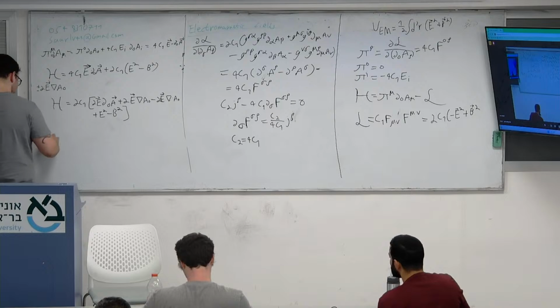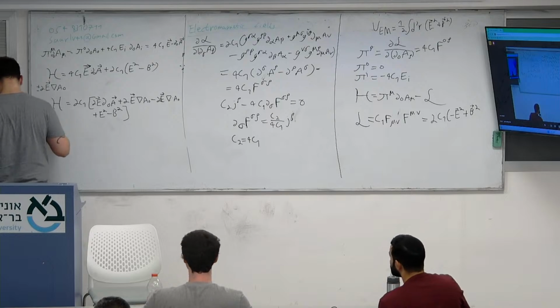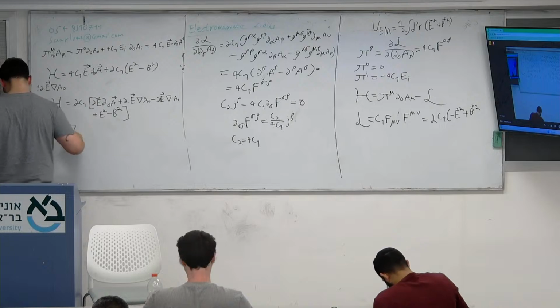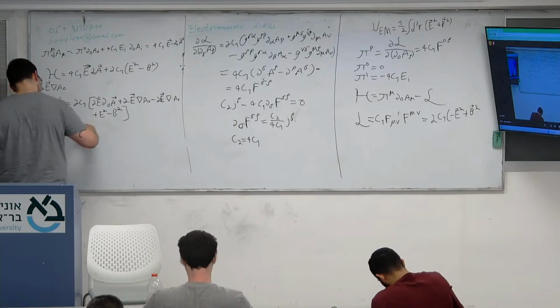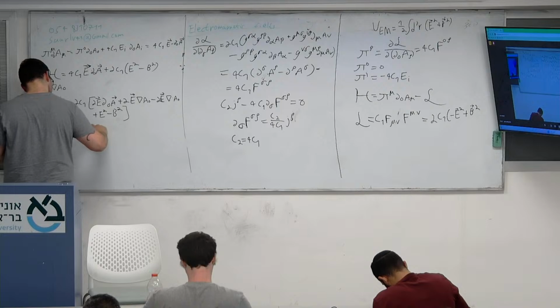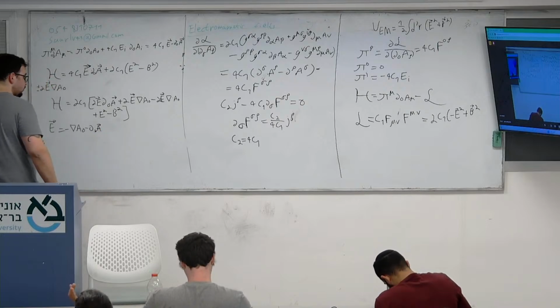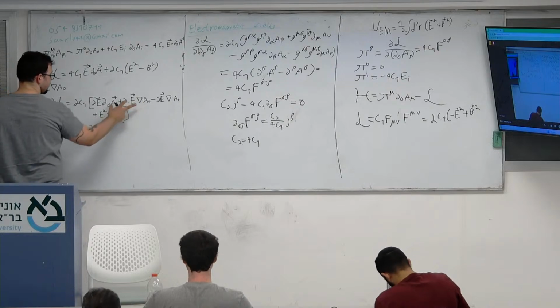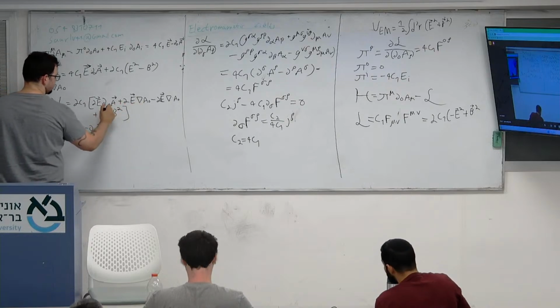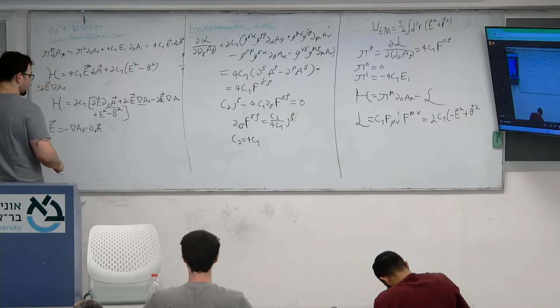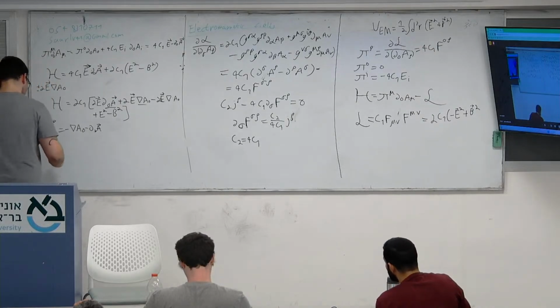And we can use the definition of the electric field, minus E 0 minus 0. Right. So these two terms together is just the electric field with the minus.